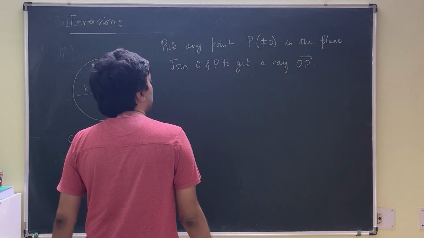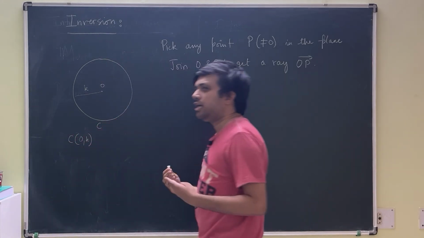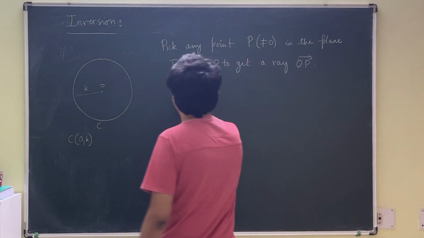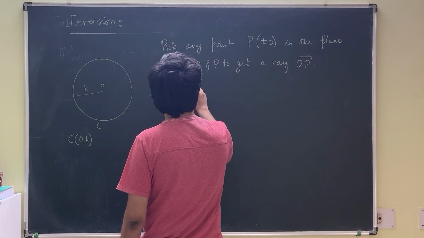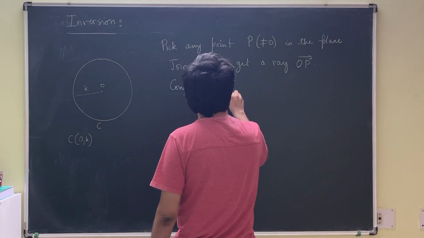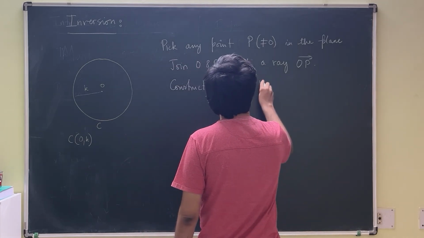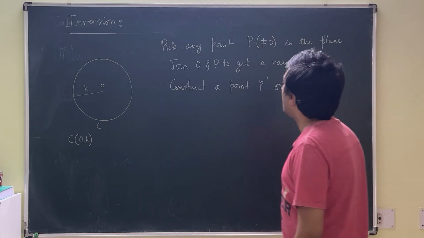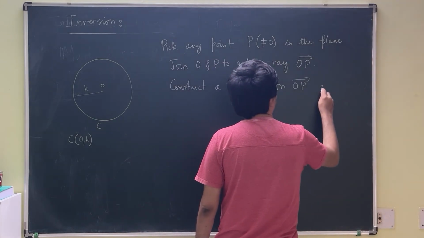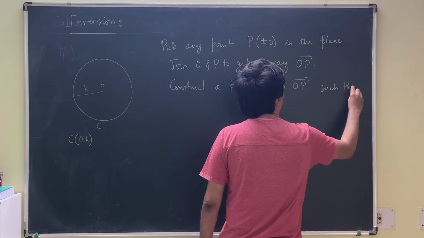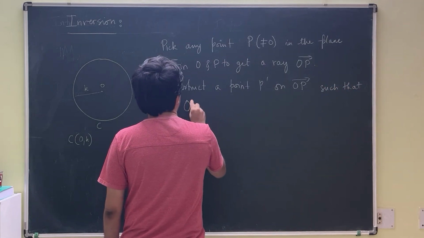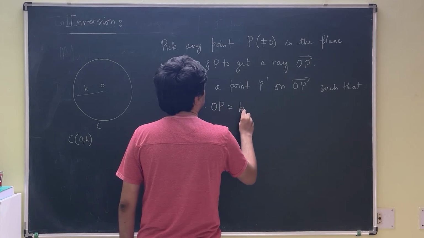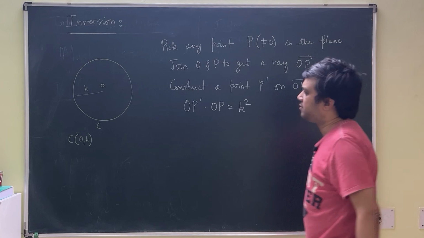Then you construct a new point P dash on this ray OP with the following property: OP dash times OP is k square, where k is the radius of the circle.